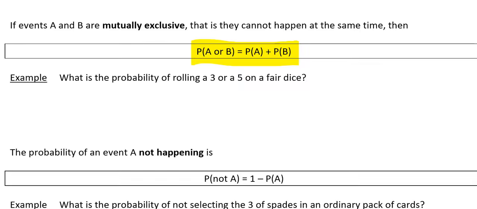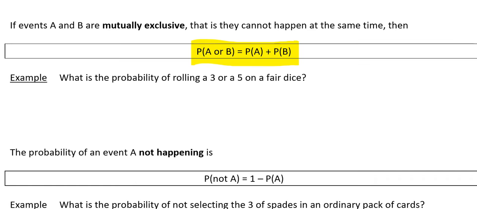In this example, what is the probability of rolling a 3 or a 5 on a fair dice? First of all, are these mutually exclusive events? They absolutely are, because you cannot roll a 3 and a 5 at the same time when you roll a dice. You can either roll a 3 or a 5 or something else.